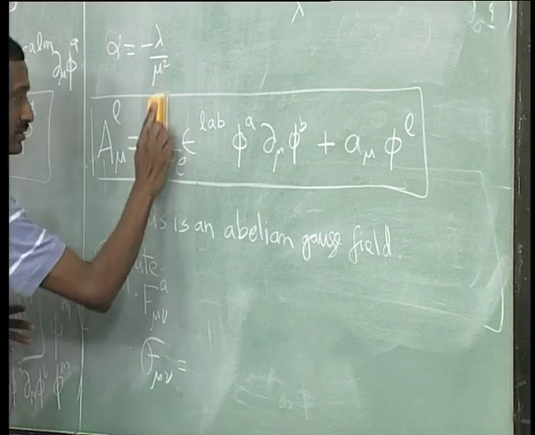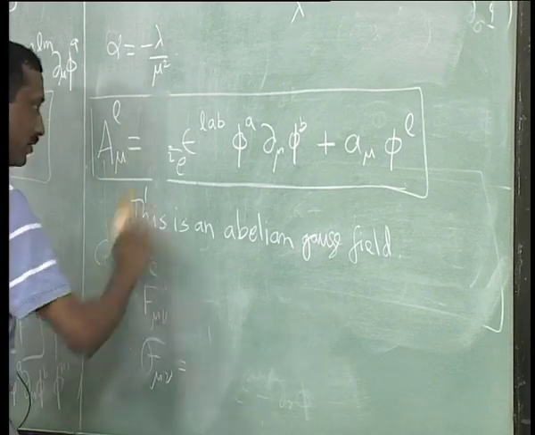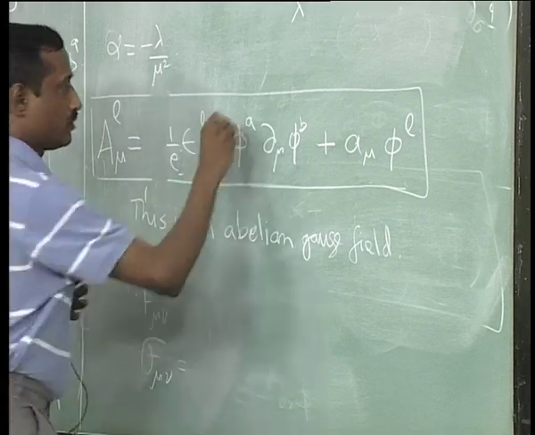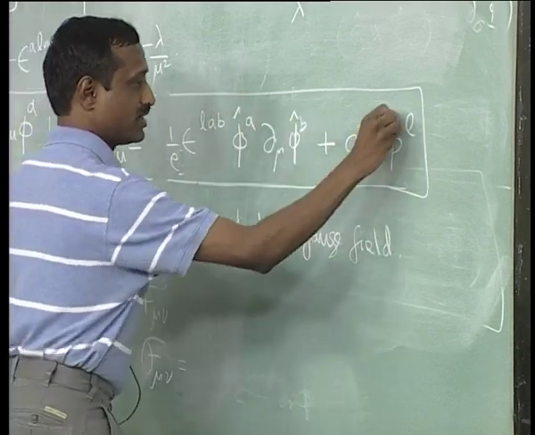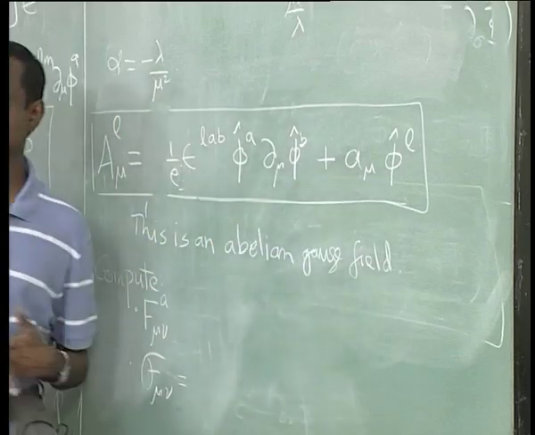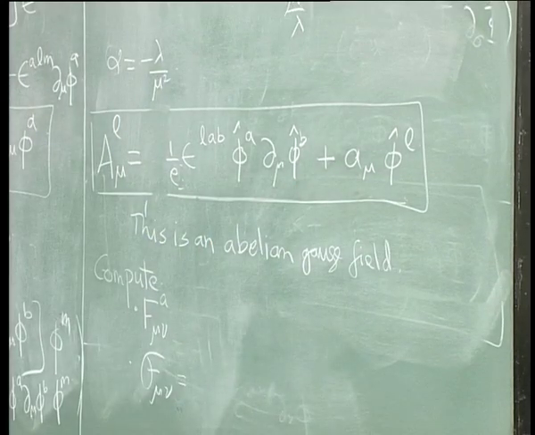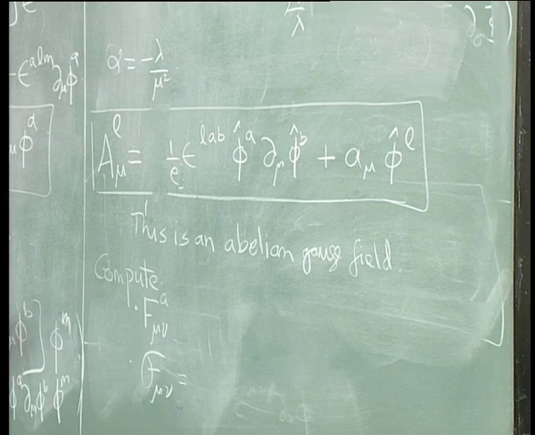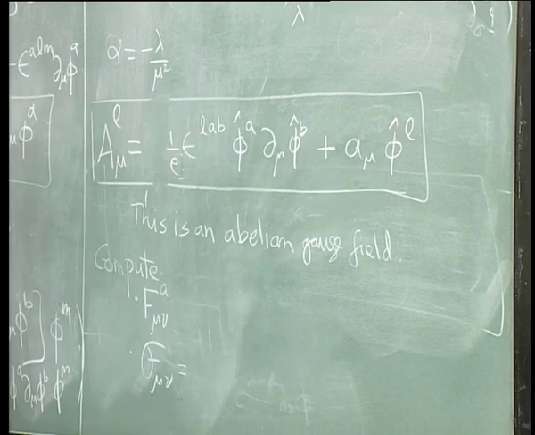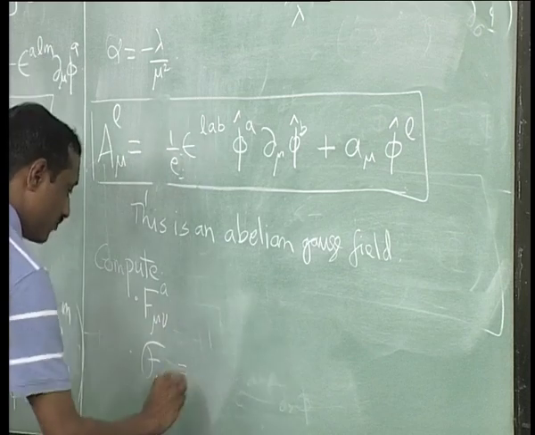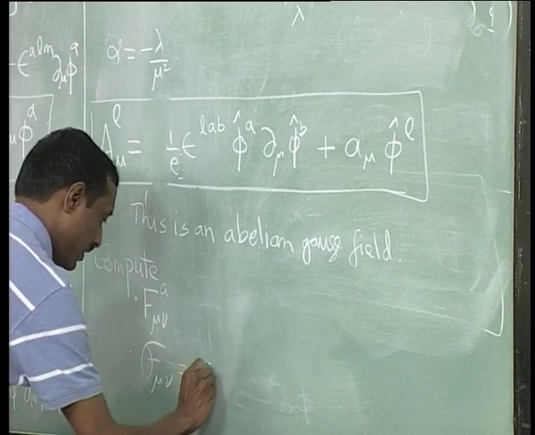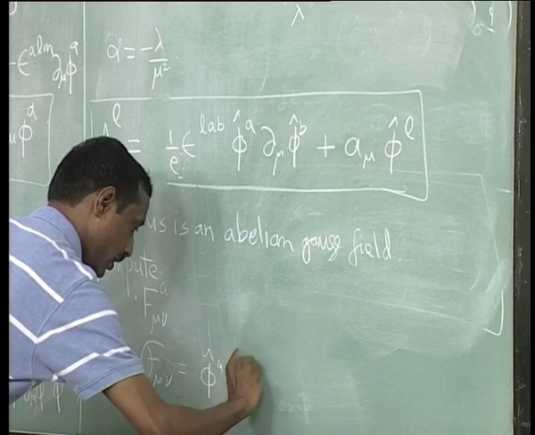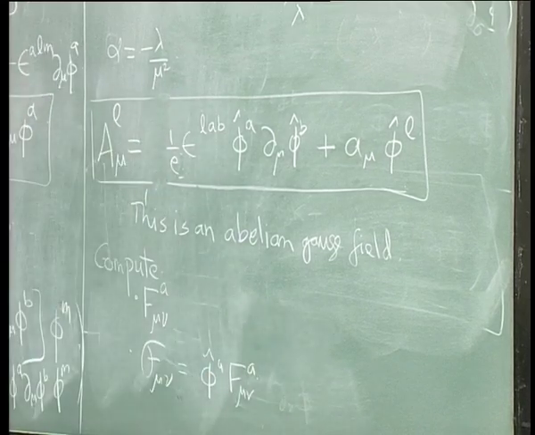So I will write a 1 upon E here, there is no problem with that, and this would mean just a new definition for A mu. Okay. So maybe I will just call this A mu tilde. So this is what I have. So you just define f mu nu as phi hat A f mu nu A, where f mu nu is given in terms of this.